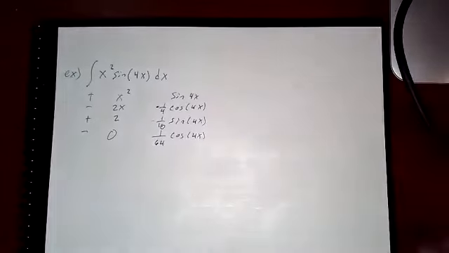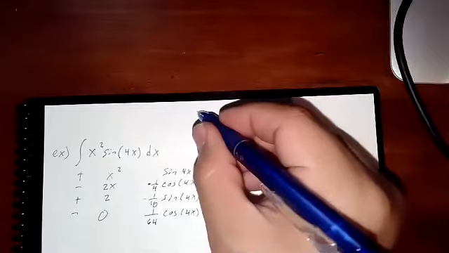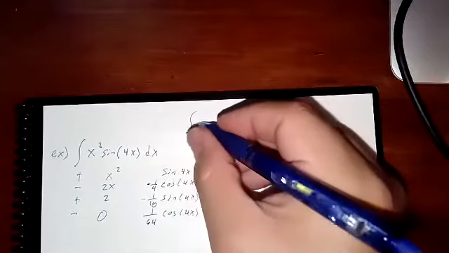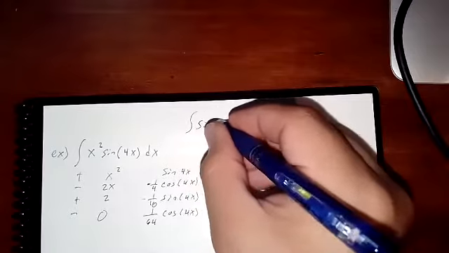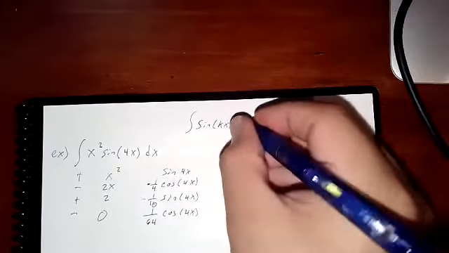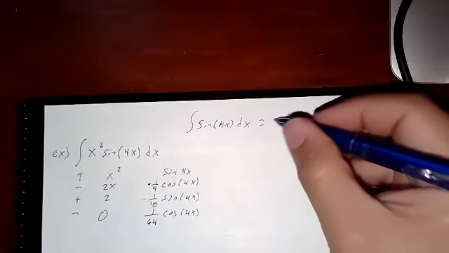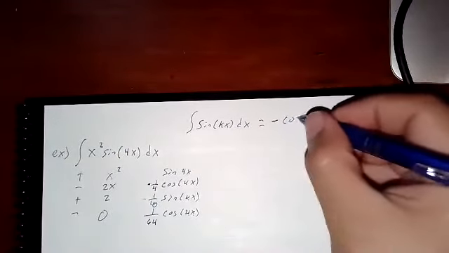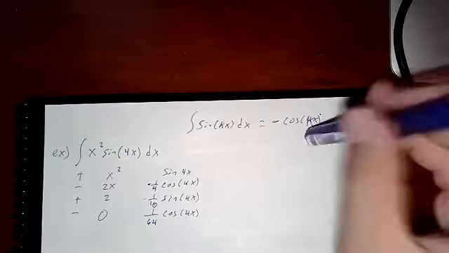So let me show you how I did that, in case you're wondering why didn't I do U sub, right? Because I've done U sub so many times that you see a pattern. When you see a number here, the antiderivative will always be negative cosine kx for any number k. Let me write that better.